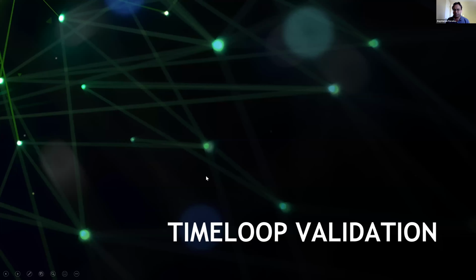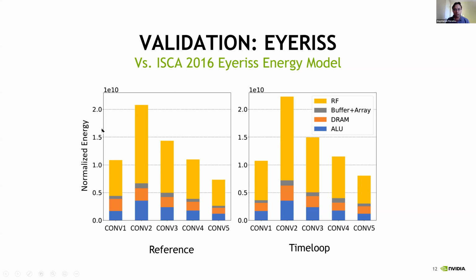Okay, so let's walk through some of the experiments that we conducted to validate Timeloop. So the first experiment is one in which we validated versus Eyeriss, specifically the Eyeriss energy model that was used in the ISCA 2016 publication. On the left-hand side is reference data from that publication. On the right-hand side is a set of experiments we reproduced using Timeloop.